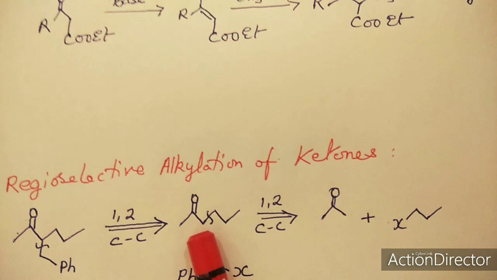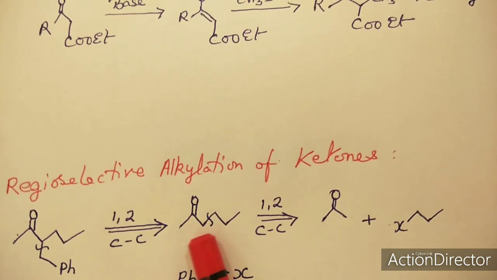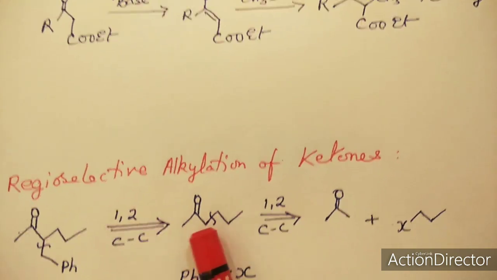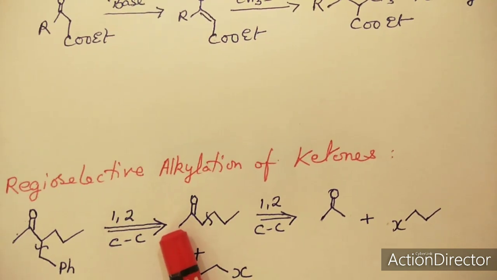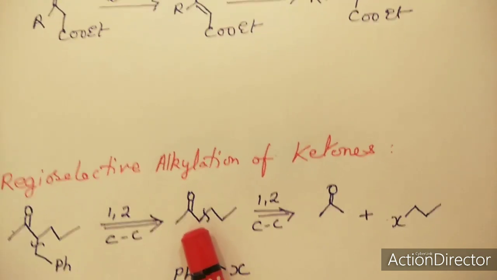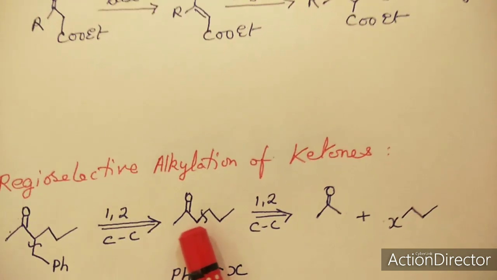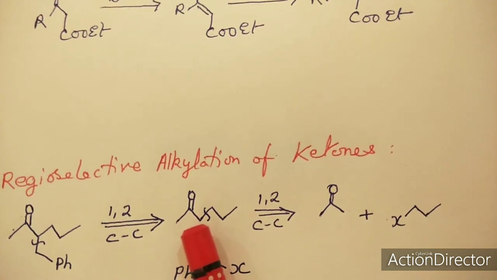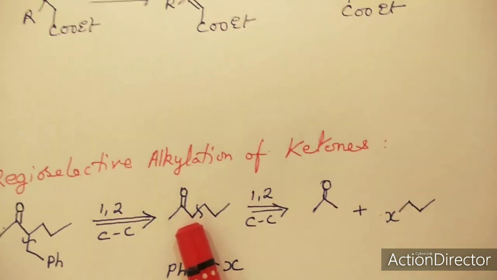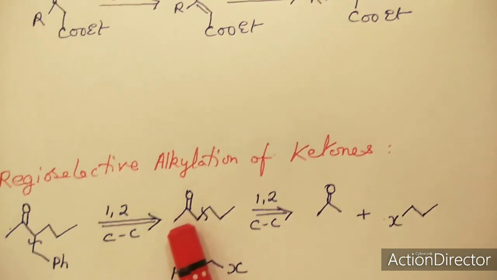Therefore it is a question of regioselectivity, because we want to select just one of these two regions, and in our target molecule we require this to be the preferred site so that we can get our target molecule.